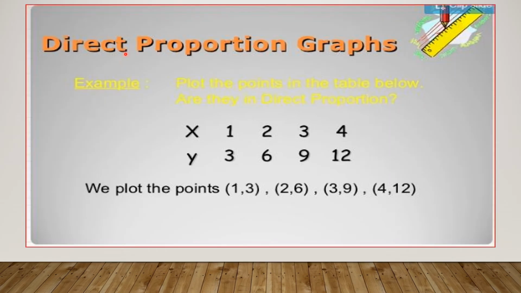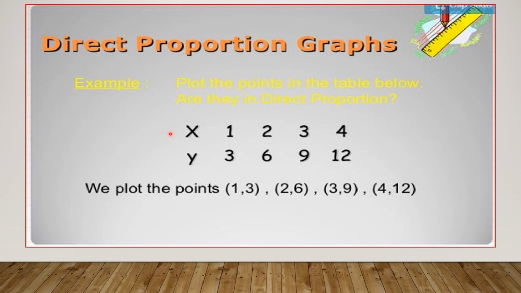Direct proportion graphs. Example: plot the points in the table below. Are they in direct proportion? To check the relation of these two quantities, x and y, we have to follow three steps. First of all, we are going to make the ordered pairs.